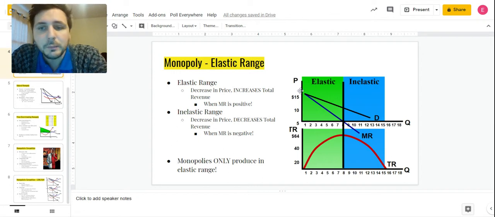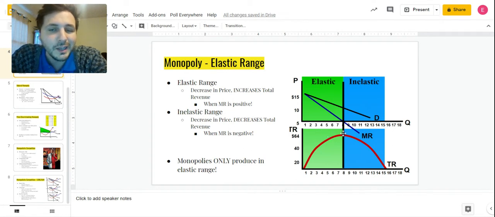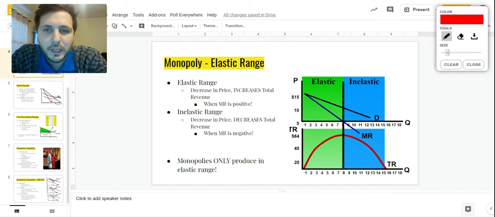How do we know this? Because when marginal revenue is positive, when I lower the price, I'm going to see increases in total revenue, because as long as marginal revenue is positive, total revenue is rising all the way up, right? At any quantity, total revenue is rising until it hits its peak. So if I get a little graph here, if I went from 15 at this quantity of 2, my total revenue was something like, I don't know, 30.